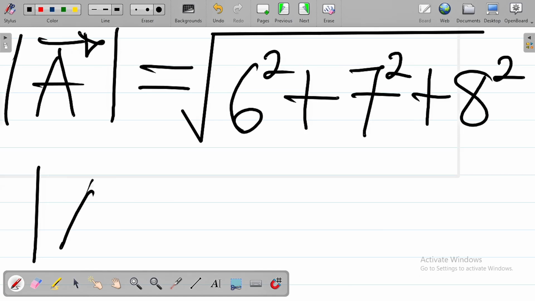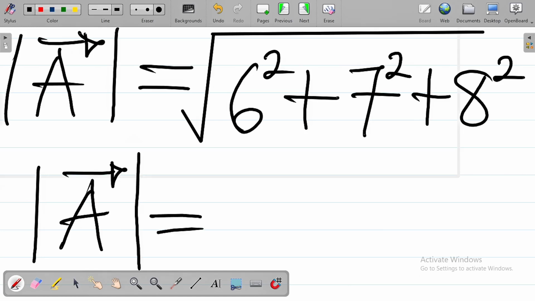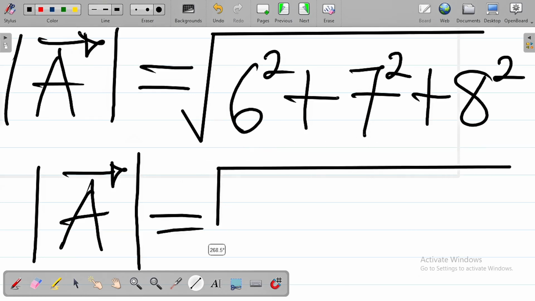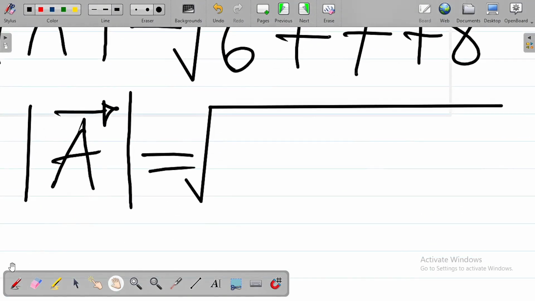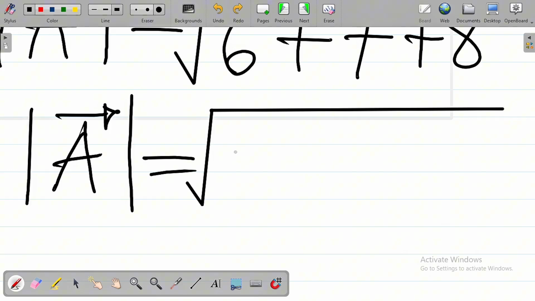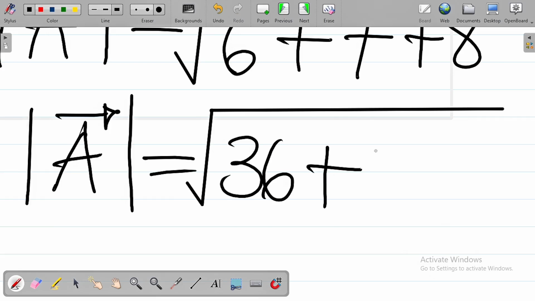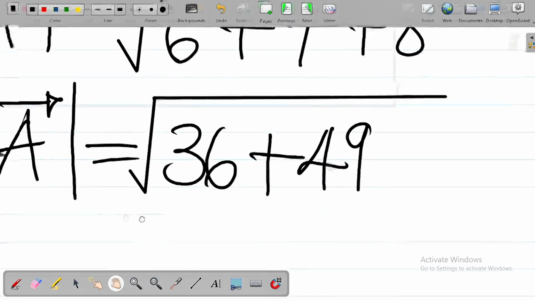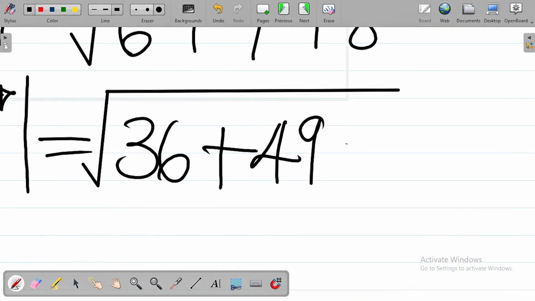So therefore, magnitude of vector A is equal to 6 raised to power 2 is 36, plus 7 raised to power 2 is 49, and then plus 8 raised to power 2 is 64.